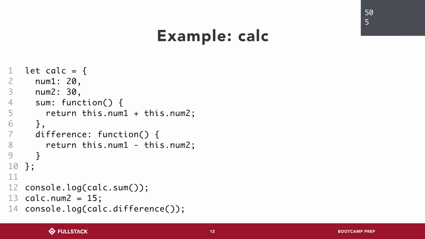So when we go to calc.sum, it says, hey, go look at the object that called, which is calculator, whose number 1 is 20 and whose number 2 is 30. We get back 50. Then on line 13, we change num2 to be 15. So when we go here, we say num1 on this, which is calc, which is still this. 20 minus 15 now is 5. Does that make sense?